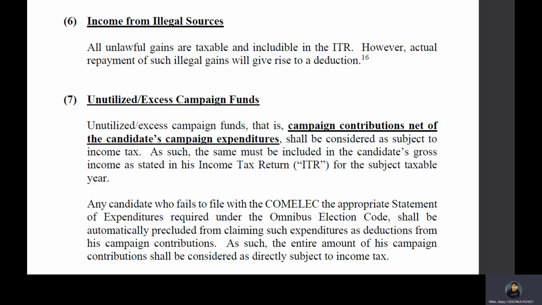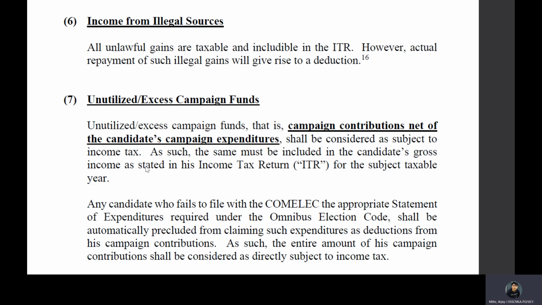Next, yung unutilized excess campaign funds. So if you're a candidate running for a political position or for a public position, of course, meron kang mga marireceive na campaign funds from your subordinates or from your supporters. Any unutilized, meaning hindi nagamit na campaign fund, will form part as your income din, subject to income tax.